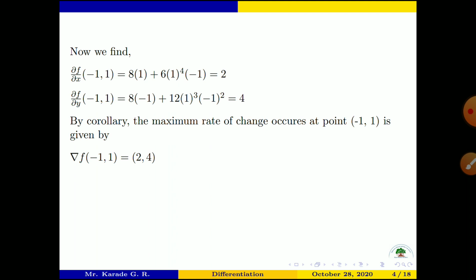So this is the direction, meaning along the direction vector (2, 4), the maximum rate of change of the function f at point (-1, 1) occurs.